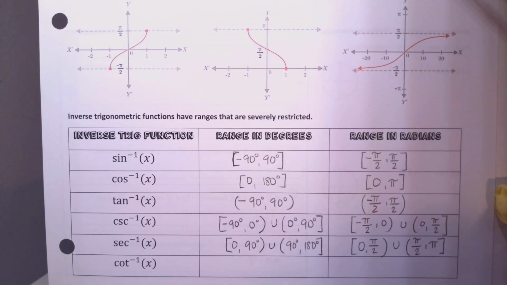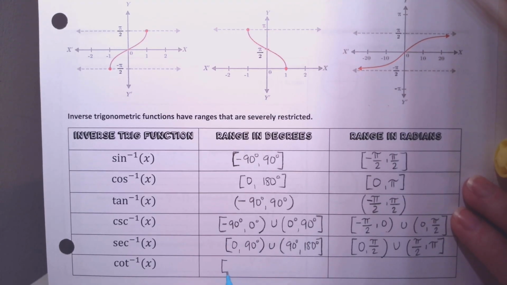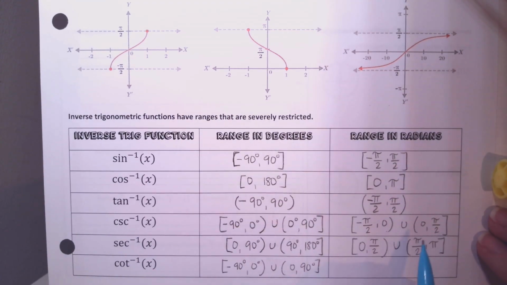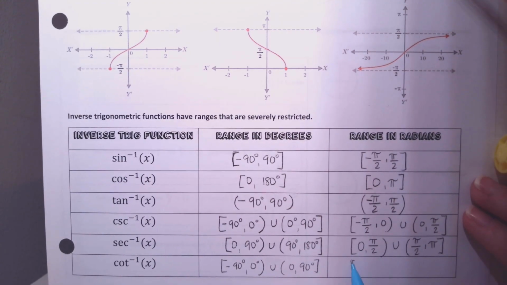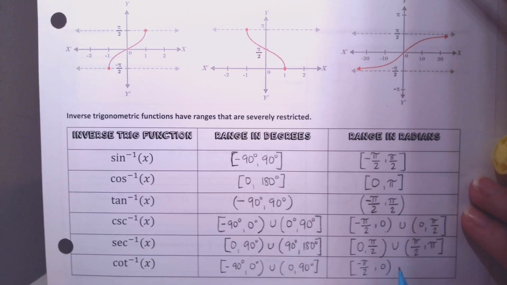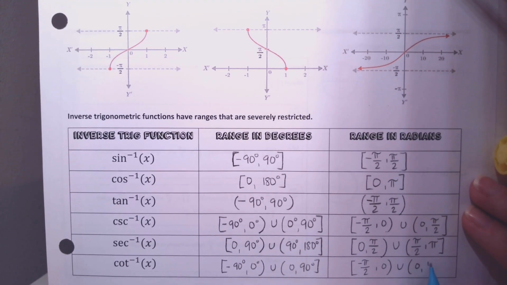So it's okay to include 90, it's just not okay to include the 0. So it's identical to cosecant. Negative 90, don't include 0 because it's undefined there, all the way to positive 90. And then similar in radians, negative pi over 2, don't include 0 because it's undefined there.